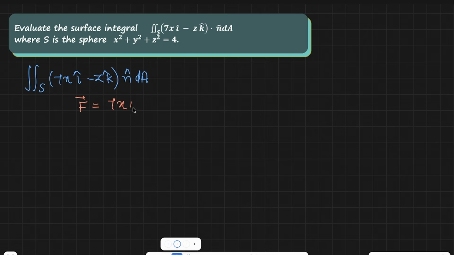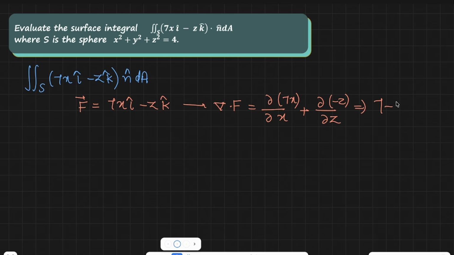That is 7x i cap minus z k cap. From here you find out its divergence. So what is the divergence of this? It is basically the partial derivative of 7x with respect to x, then 0, then the partial derivative of minus z with respect to z, that is going to be 7 minus 1, and that is basically 6. So what is the formula?